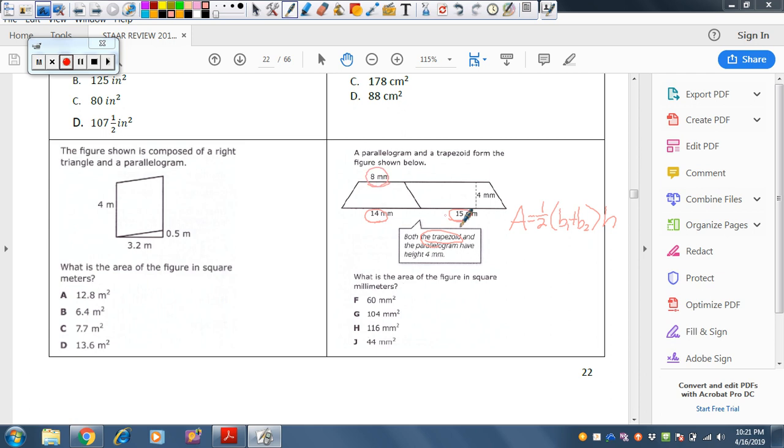And you are going to have 8 and 15, because if this is 15, this is 15 for base 2. So you're going to have to do some addition to find your bases. But once you do that, it's way easier just to do it as one big shape.